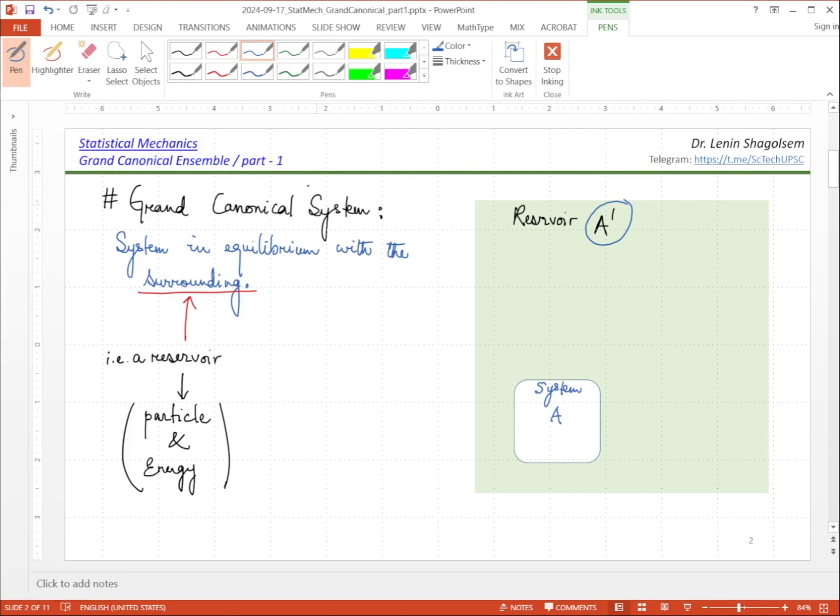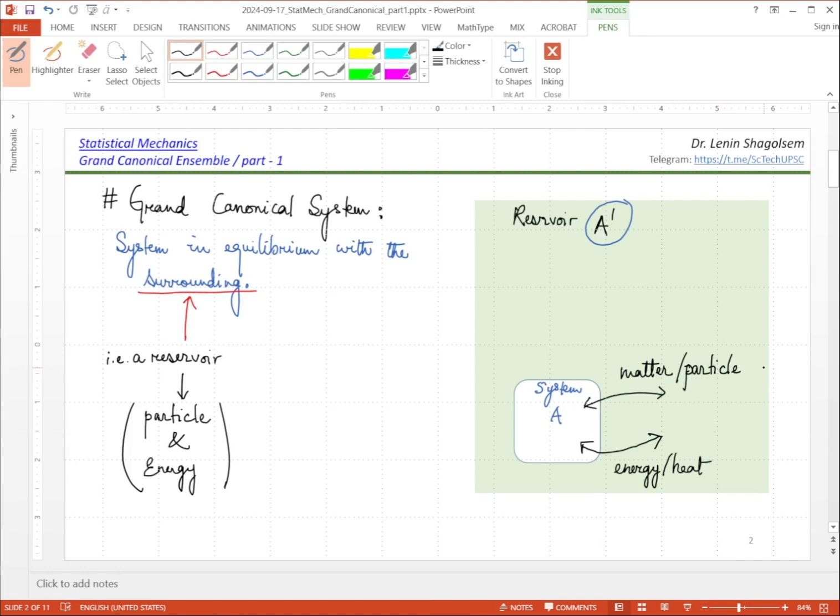Now, as we stated in the beginning, this system is allowed to exchange energy or heat with the surrounding. Also it allows exchange of matter, or in other words, particles.